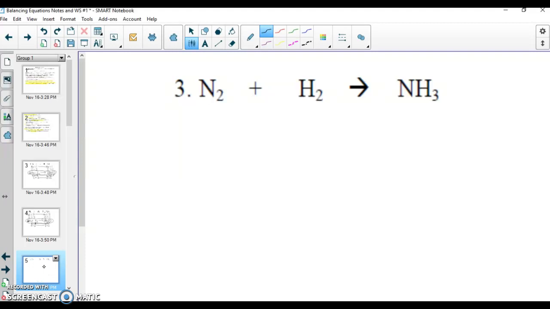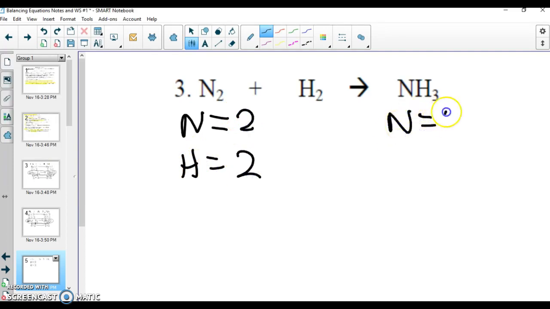N2 plus H2 yields NH3. Nitrogen equals 2. Hydrogen equals 2. Nitrogen equals 1. Hydrogen equals 3. So I don't have anything that is balanced currently.